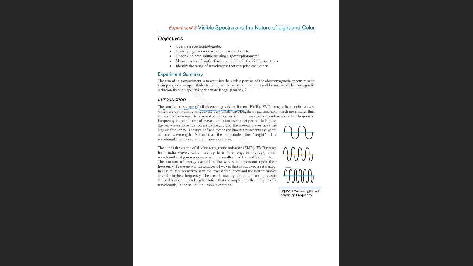So light is electromagnetic radiation. It's a type of energy that is composed of oscillating electric and magnetic fields. And you know that in vacuum, these waves move at a constant speed of 3 times 10 raised to the 8th power meters per second.